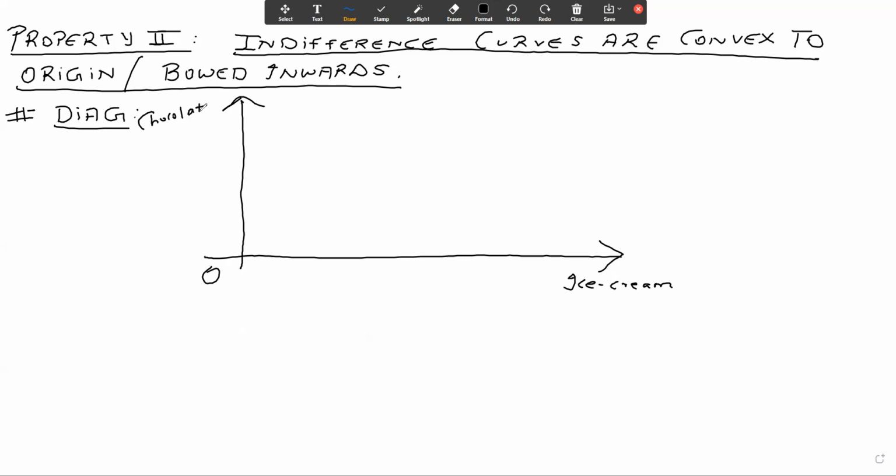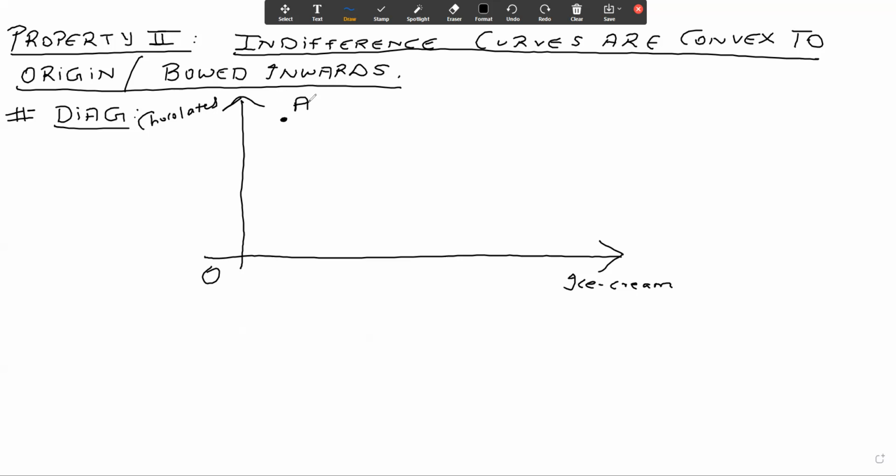I'm taking this example just for fun and to make it more realistic. Now suppose I have a lot of chocolates with me, but I have very few ice creams. So guys, I am at point A. I have a lot of chocolates, but very few ice creams.